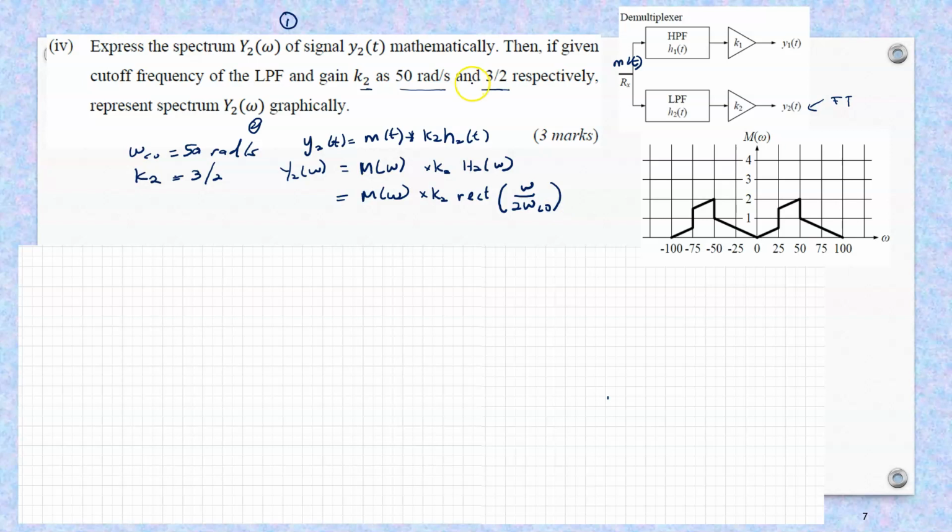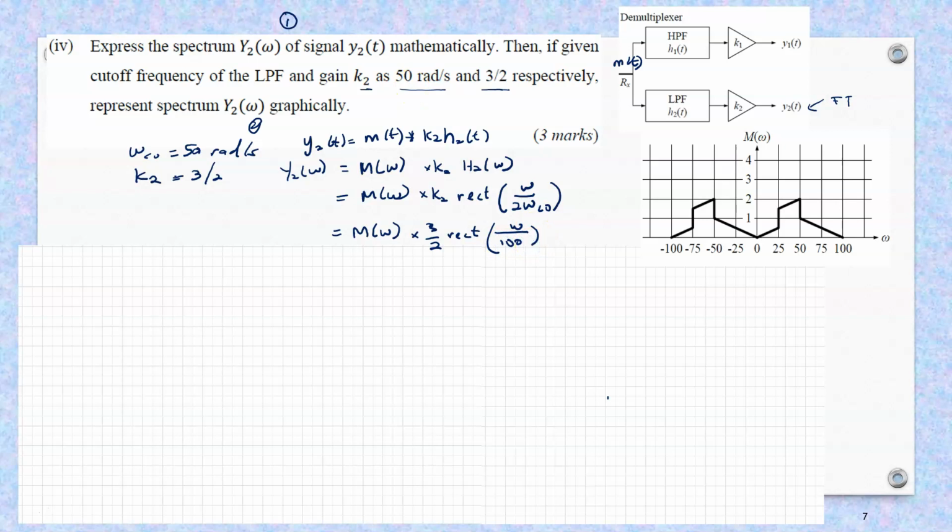Omega C naught is given as 50 per second, and K2 is given as 3/2. So we put in the equation, it becomes M omega multiplied by 3/2 rectangle of omega divided by 2 multiplied by 50, which is 100.